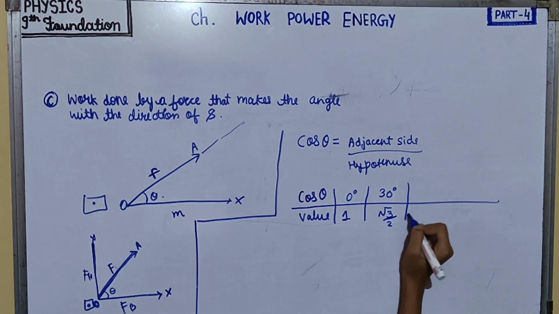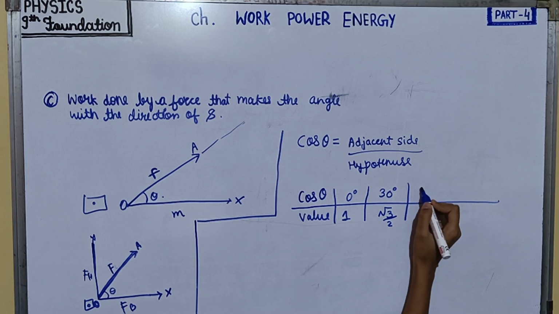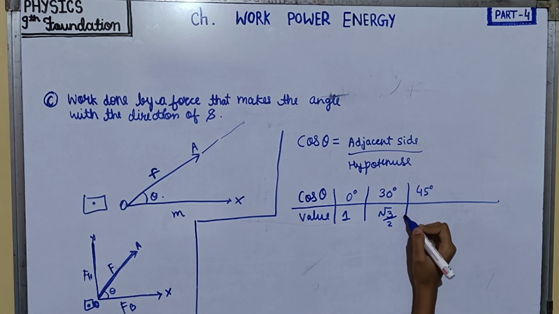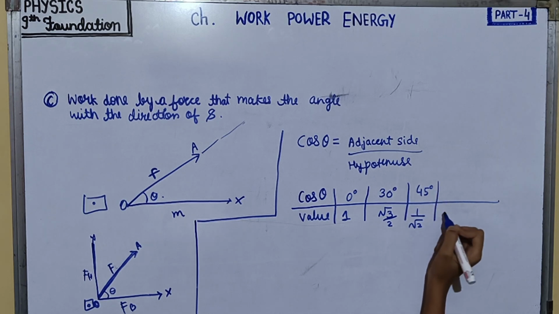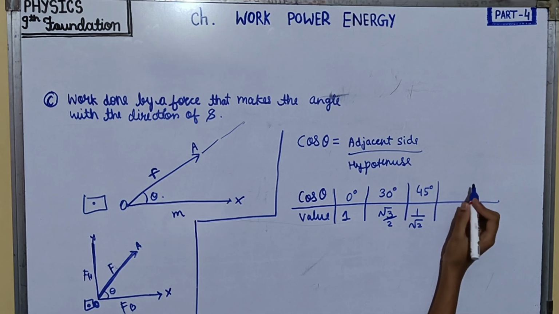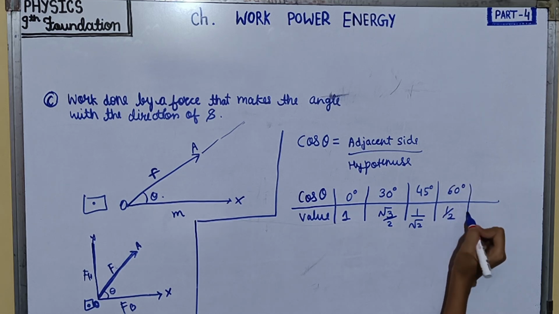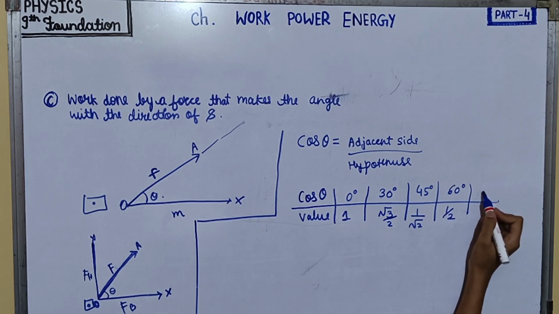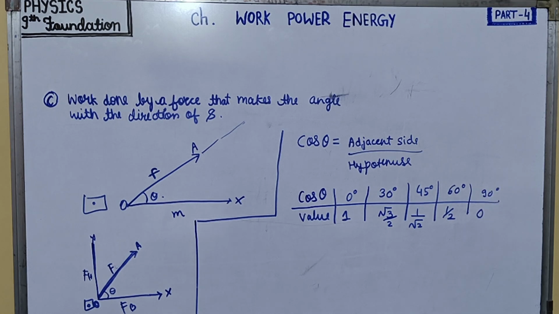When it is 45 degree, the value becomes 1 by root 2. When it is 60 degree, the value becomes half, and when it is 90 degree, the value becomes 0.